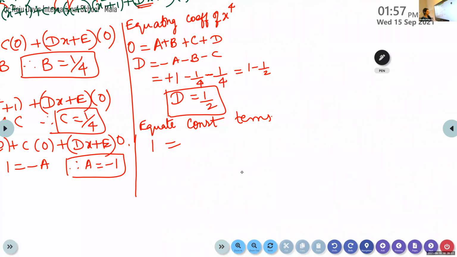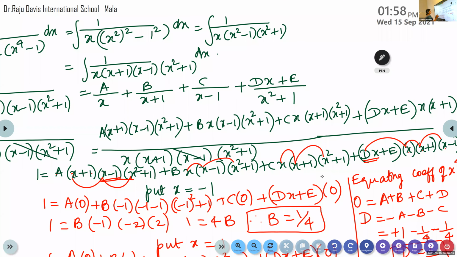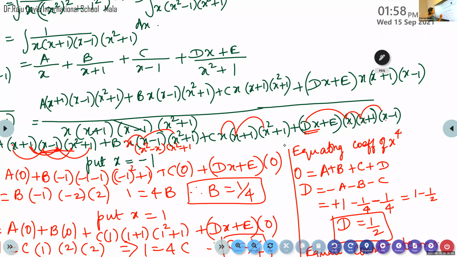So 1 is equal to minus a. Then look at the second term. In the second term, will we get a constant? Already x is there. When you multiply it, it will become x square minus x into x square plus 1. Will we get a constant term here? If you multiply 1 with x, no constant term. Again, if you open the c into x square plus x into x square plus 1 bracket, here also we will not get a constant term.